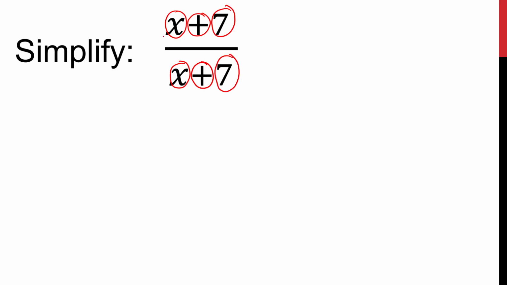So we can cancel x plus 7 and x plus 7. When you divide the same numbers, how much is the result? How much is 9 divided by 9? 1. Okay, there you go. Since x plus 7 is equal to x plus 7, when I cancel this out, it's equal to 1.